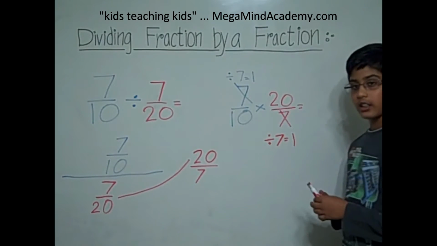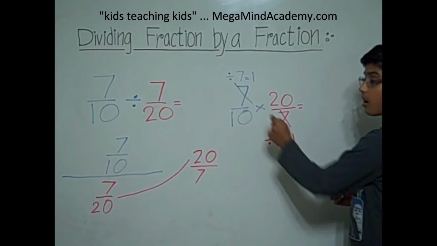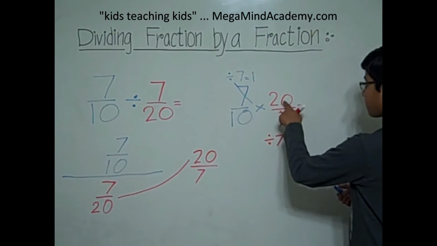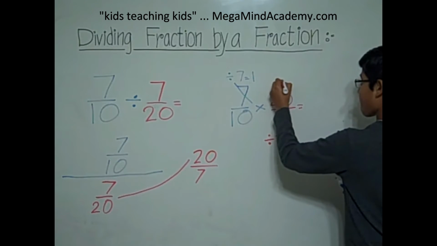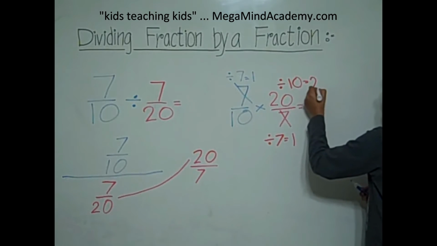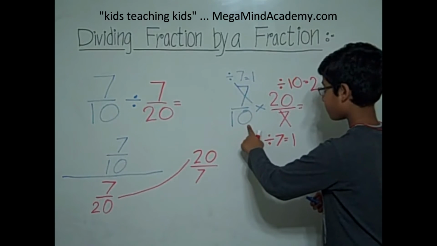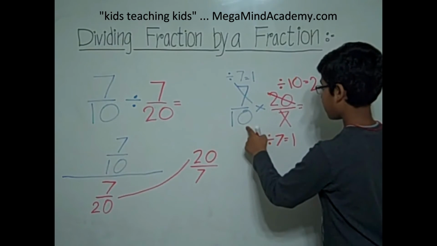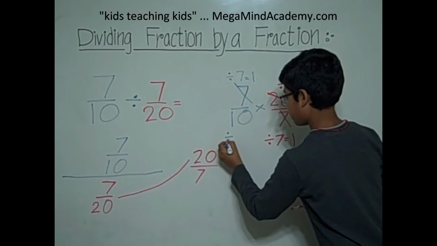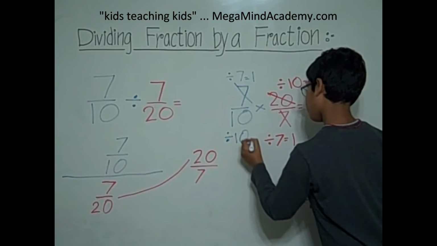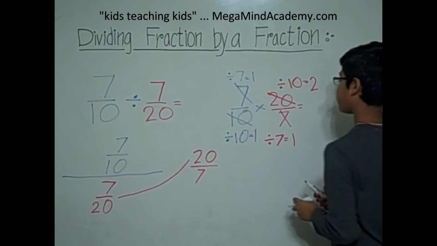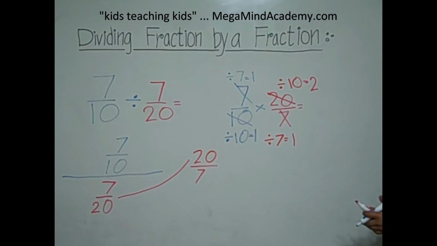We can also see that 20 and 10 are both divisible by 10. 20 divided by 10 is equal to 2, and 10 divided by 10 is equal to 1. Let me write this down for you.